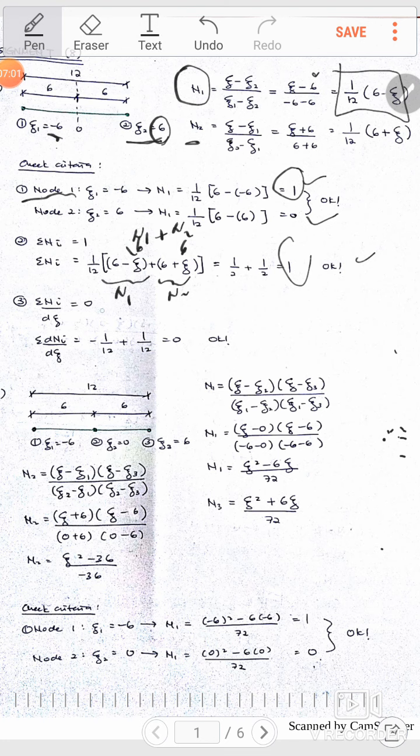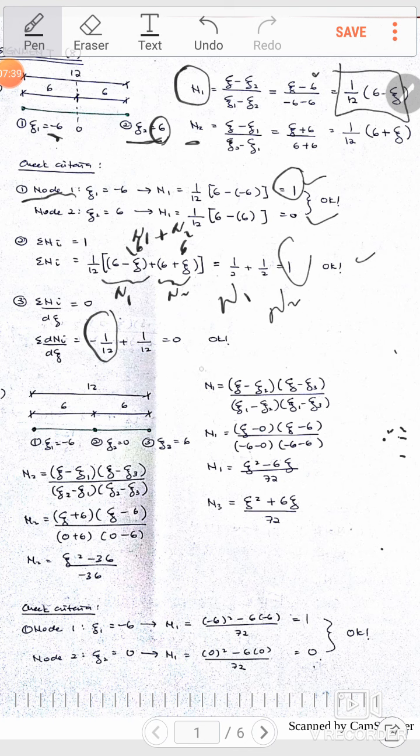Criteria number 3, derivation. You should derive N1 and N2, and the summation of these derivations gives 0. Here N1 is an equation of degree 1, I have just xi, and xi in derivation goes to 0, so I just have 1 over 12.